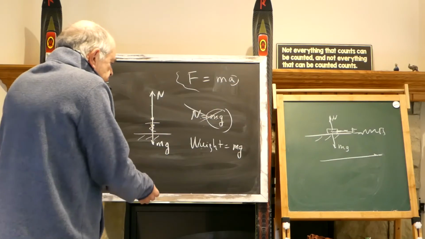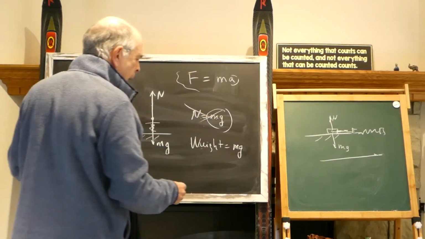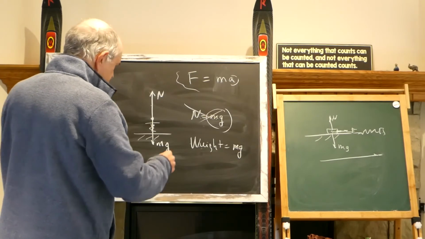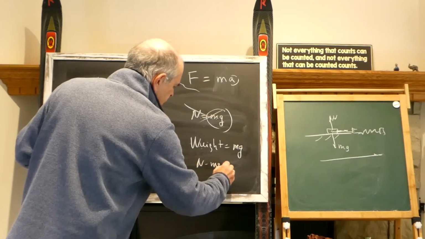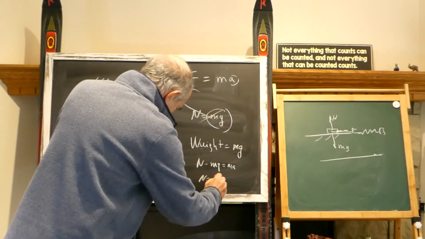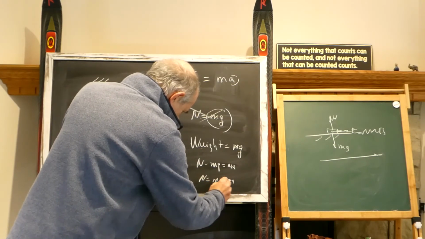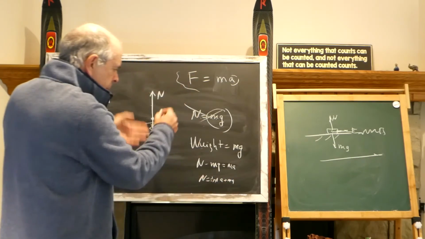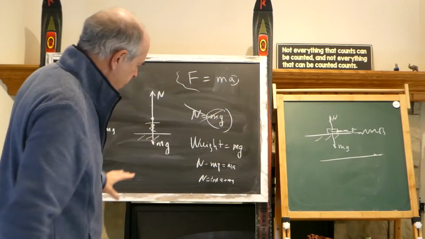And remember I talked about how, if everything is moving up and down with acceleration, this becomes invalid, because actually N minus mg equals ma, and N may be equal to ma plus mg, or it may be plus or minus depending on where the acceleration is directed. You have to rewatch those clips, I'm not going there.